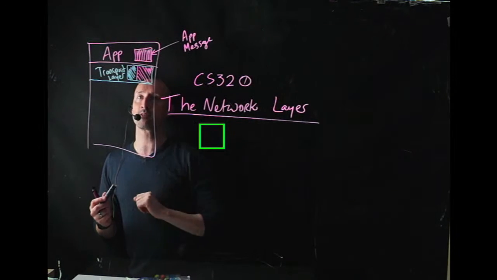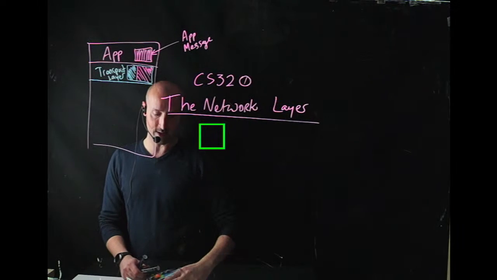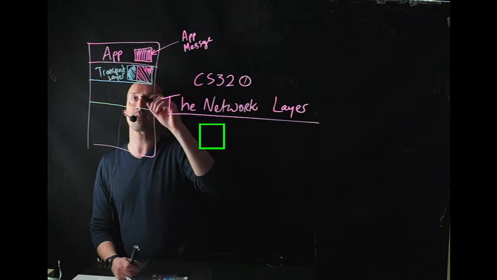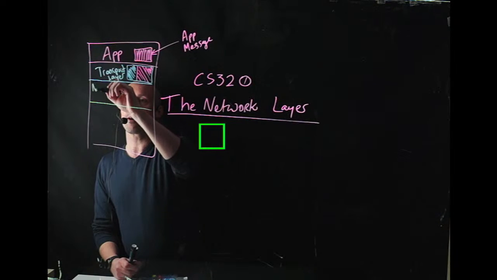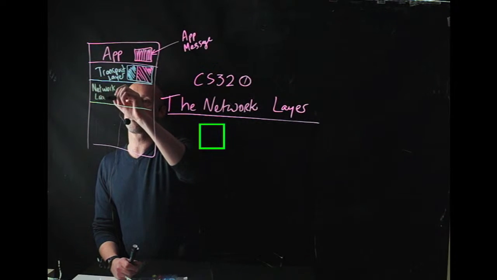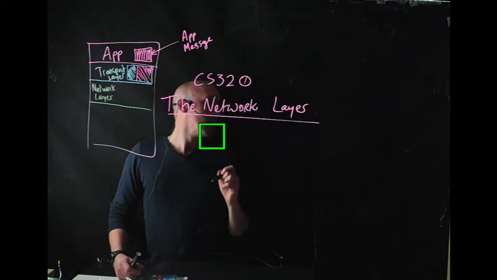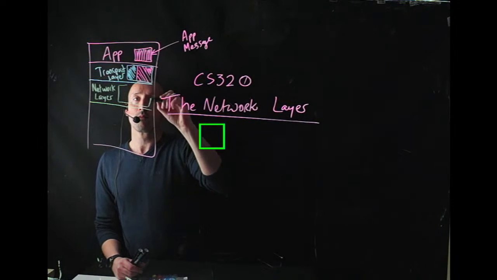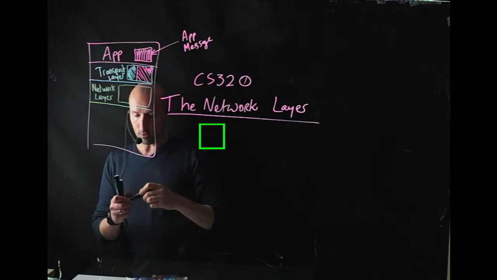Now, this is going to get passed down to the next layer we're going to work on. It's really our second last layer, the network layer. We end up with the new thing here. Maybe I should just define the old one first.